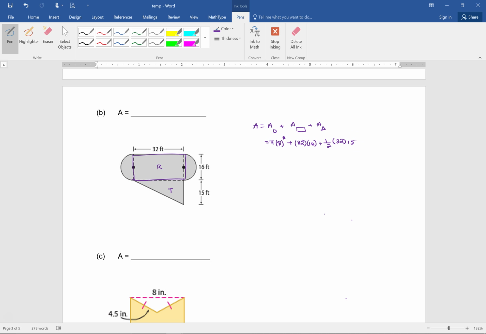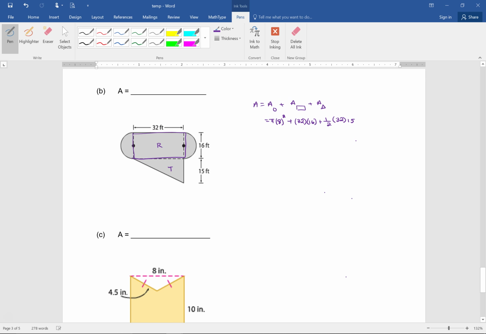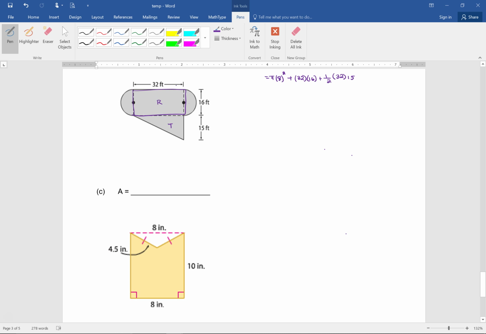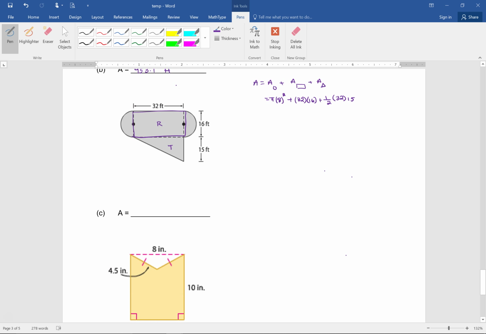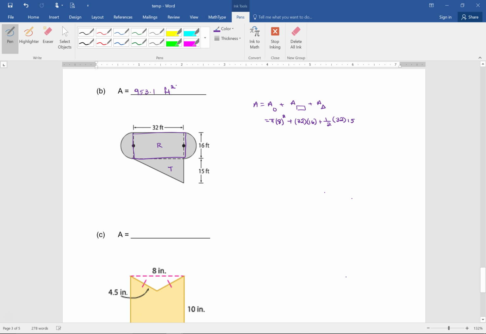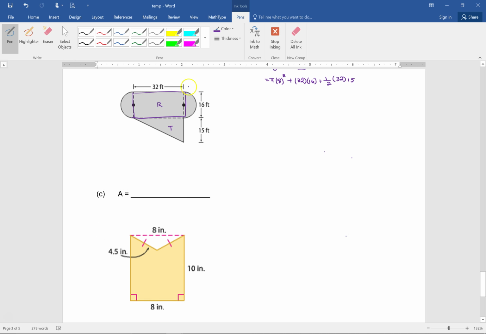And all together, I got 953.1. 953.1. Try it again.